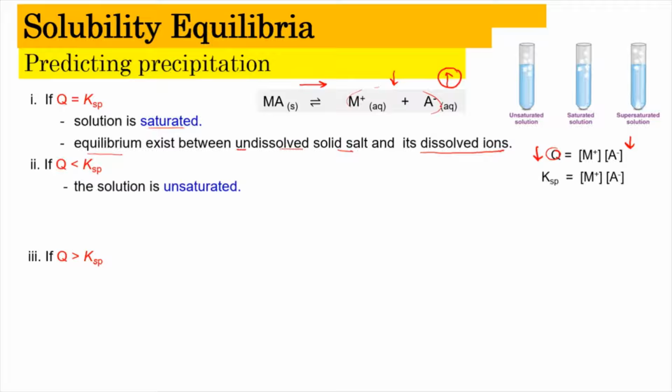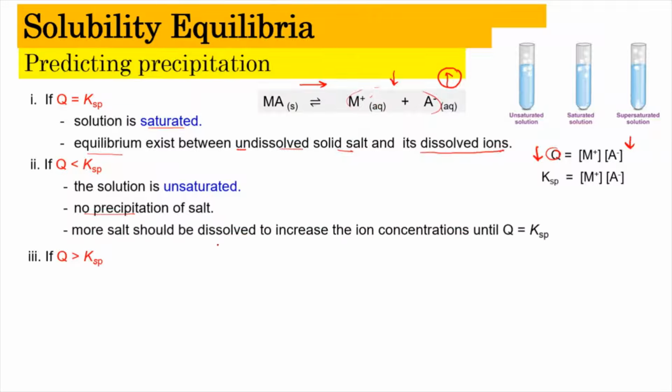And as a result, there's going to be no precipitation because it's going to be dissolving more. Tiada pemendakan pasal yang solid tadi telah berubah menjadi ions. Okay, and more salt should be dissolved in order to increase the concentration until Q is equal to KSP.